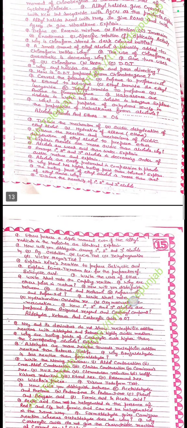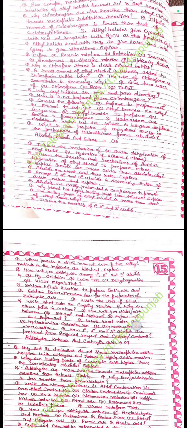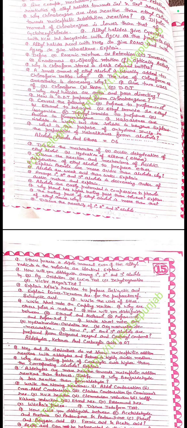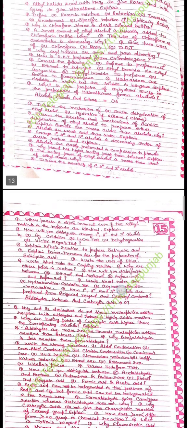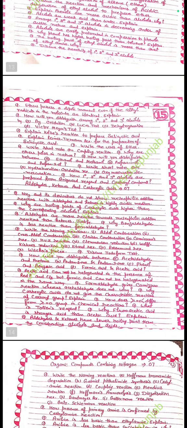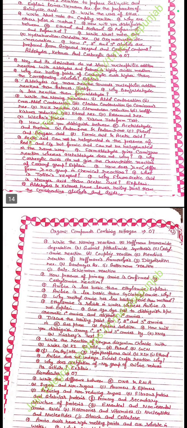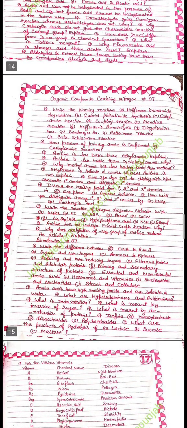And now this is alcohols, phenols, and ether. And now this is aldehyde, ketones, and carboxylic acid chapter. Now it's organic compounds containing nitrogen. We usually say amines.